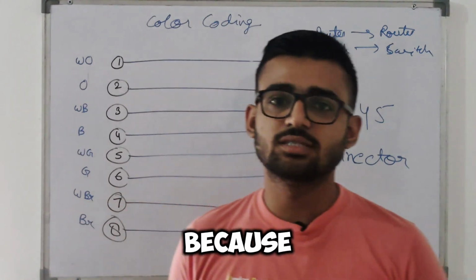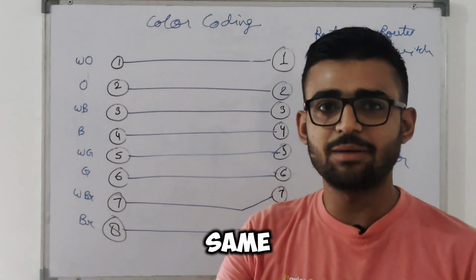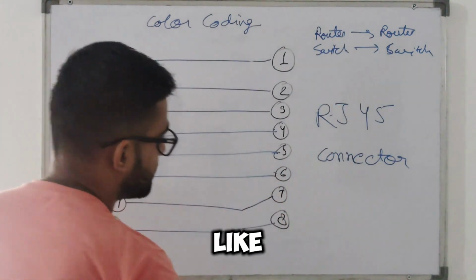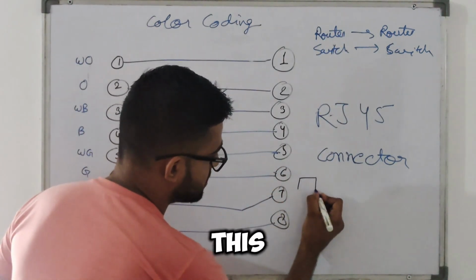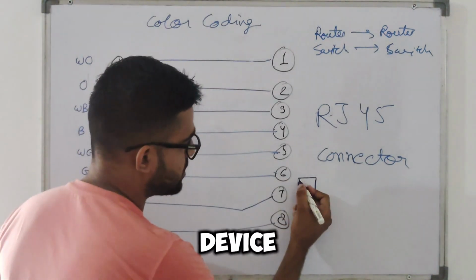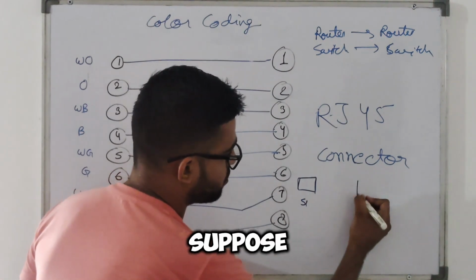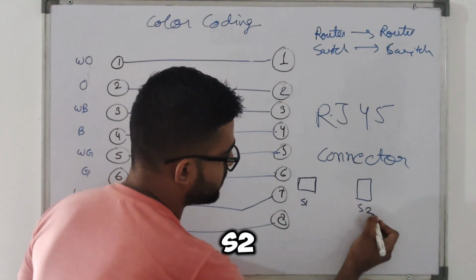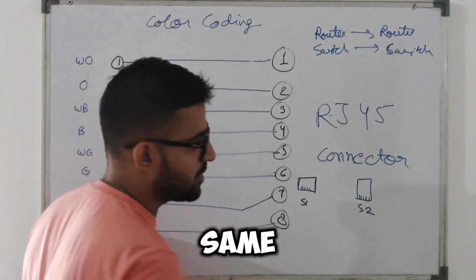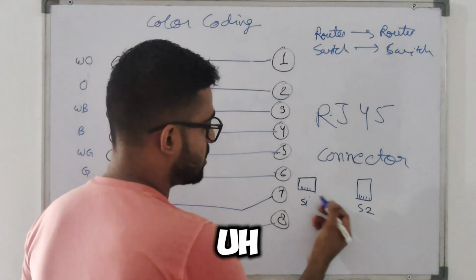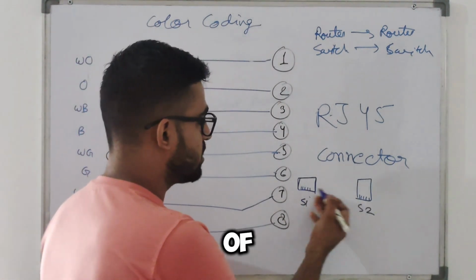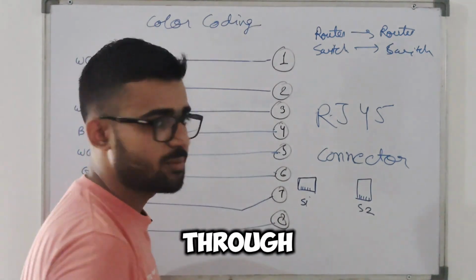Because the same devices have the same series of connectors. Suppose this is the port of switch S1, and this is the port of switch S2, then the pins of both switches are the same. That can cause a problem when connecting the same devices through a straight through cable.